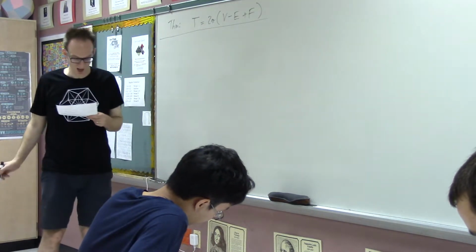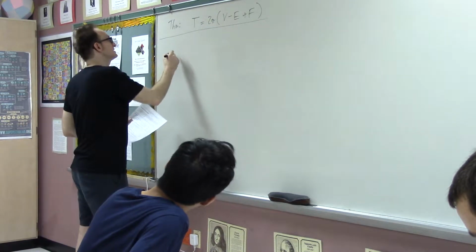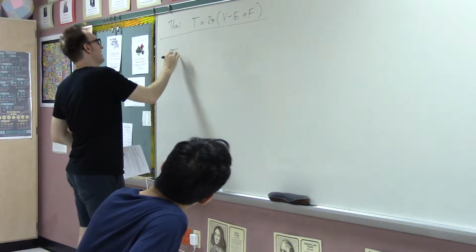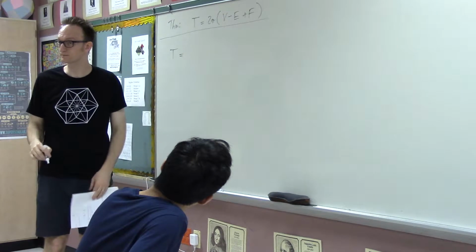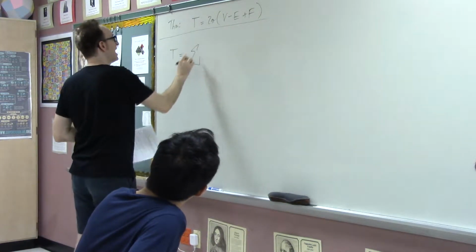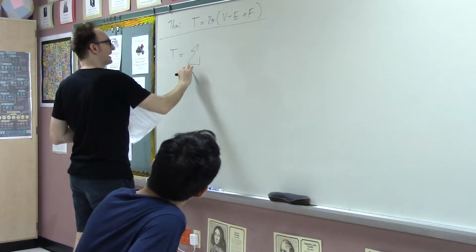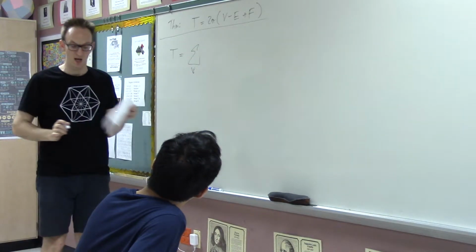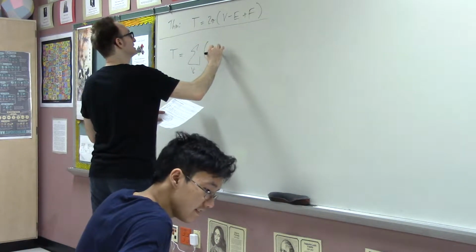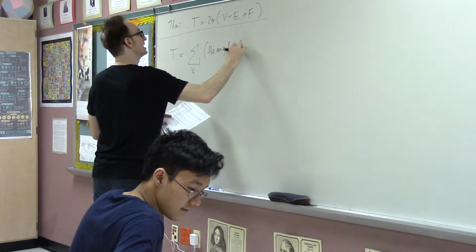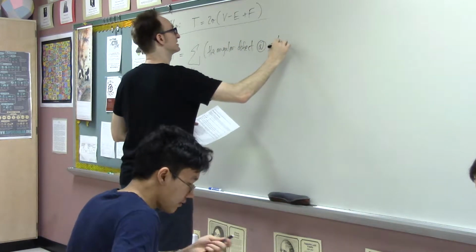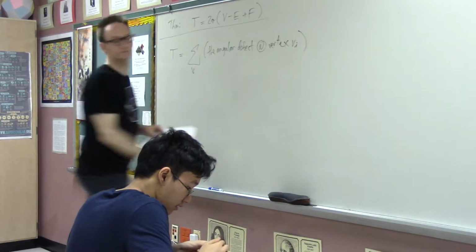All right, let's prove this. So we begin. What is T by definition? The sum of the angular defects. Good, so it is the sum over all the vertices of the angular defect at vertex v sub i.